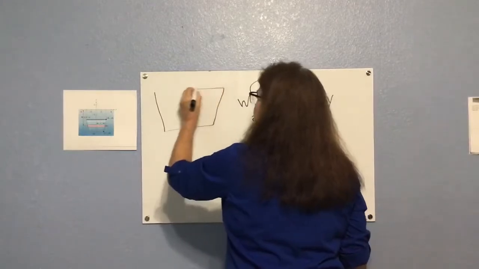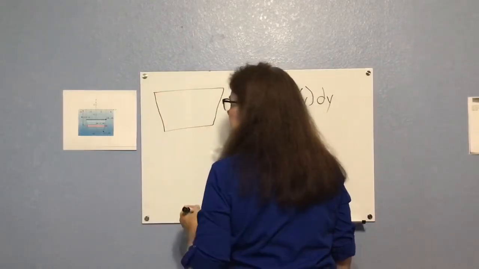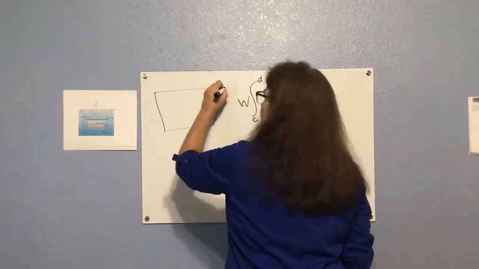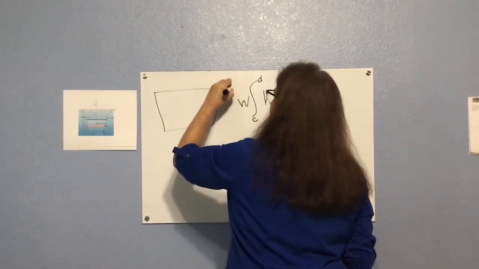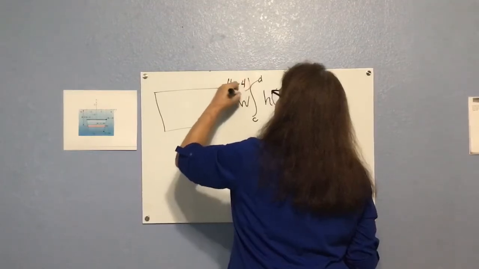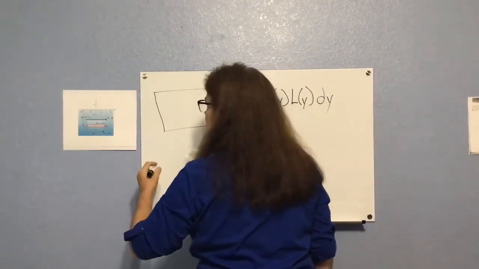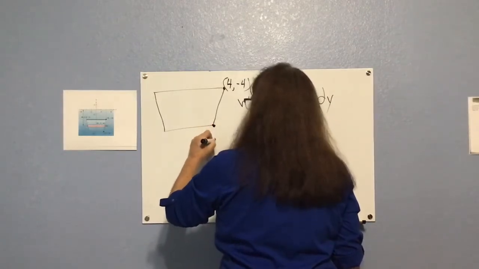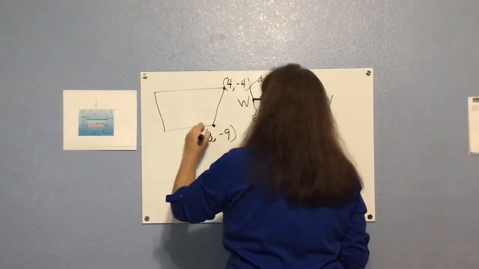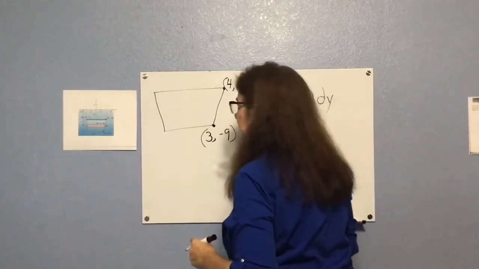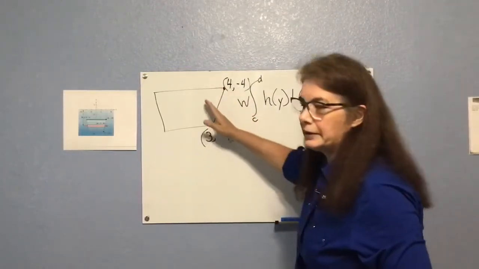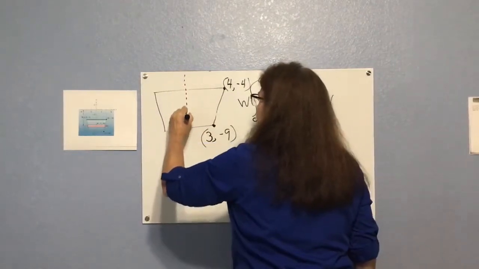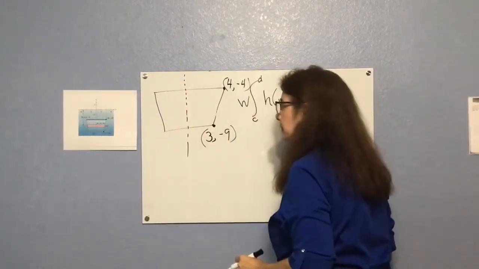But this water gate is in the shape of a trapezoid. Okay, and I'm only putting points on this side because this is an isosceles trapezoid. So it does have symmetry down the middle.